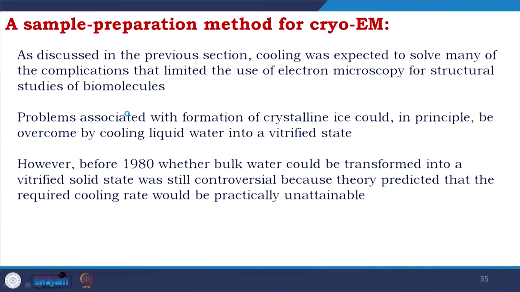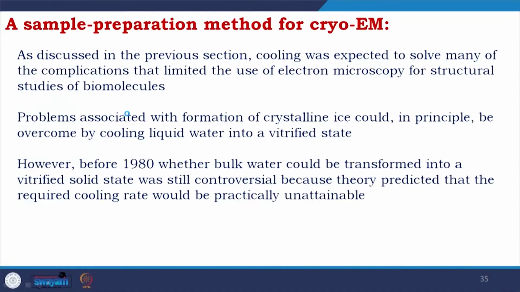However, before 1980, whether bulk water could be transformed into a vitrified solid state was still controversial, because theory predicted that the required cooling rate would be practically unattainable. If you remember, when I talked about vitrification, I said it needs a huge speed. So, before 1980, people thought that this is unattainable.